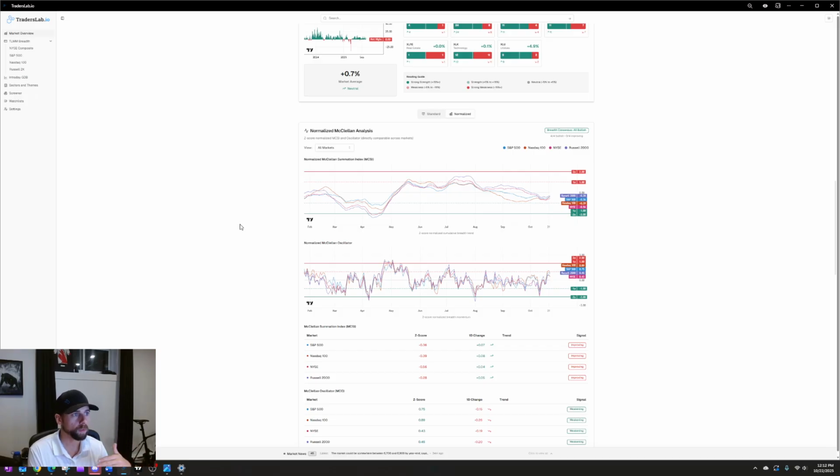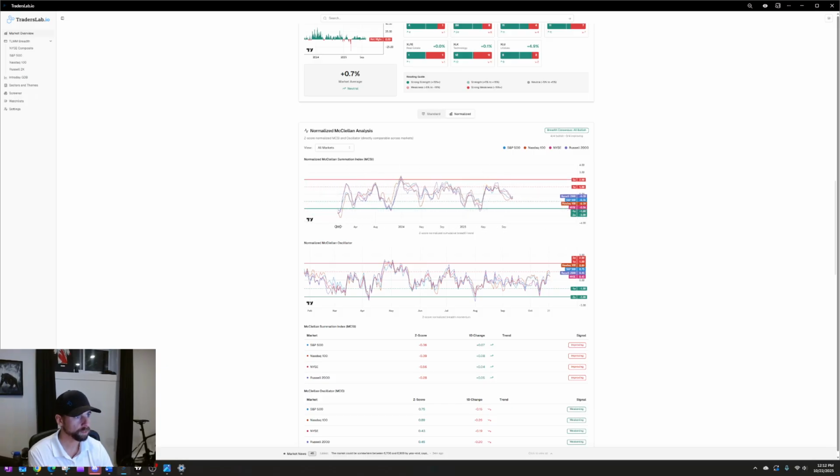What normalization means is simply that we put all the data on the same level, on the same reference. We do that with a z-score normalization. So basically what it tells you is how many standard deviations the current data is above the average that we track over the last few years, down to 2022.